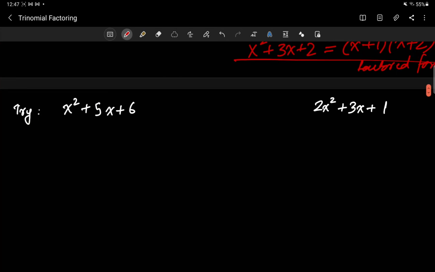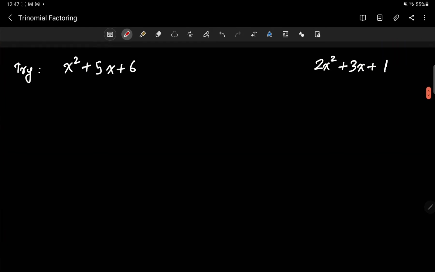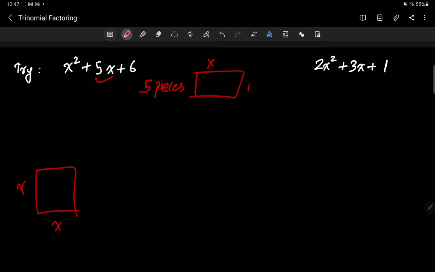Okay, let's try it out for these two. So here I have one big square, and then I have 5 pieces of x by 1s, right? Now these 5 pieces of x by 1s, they can be distributed in many different ways.